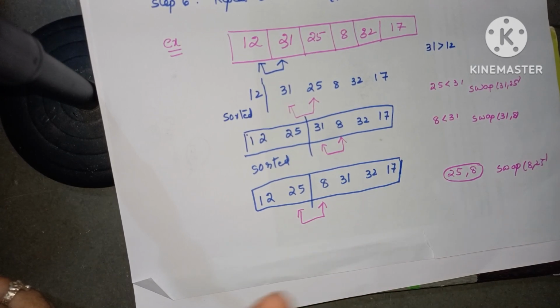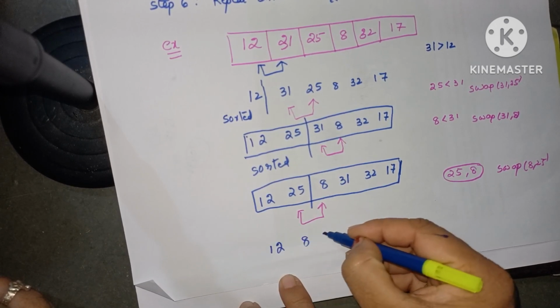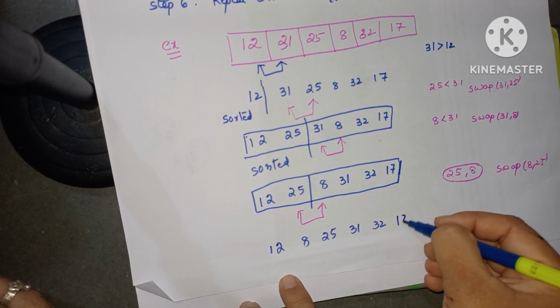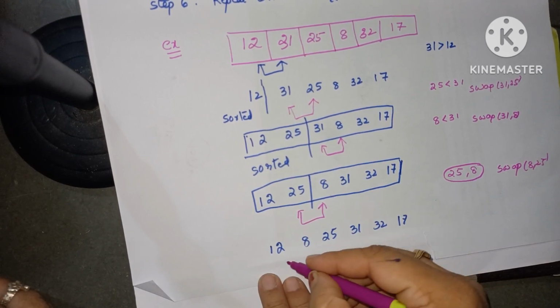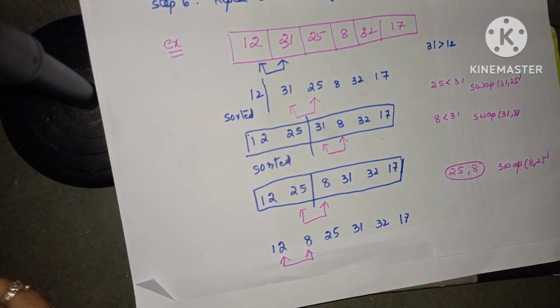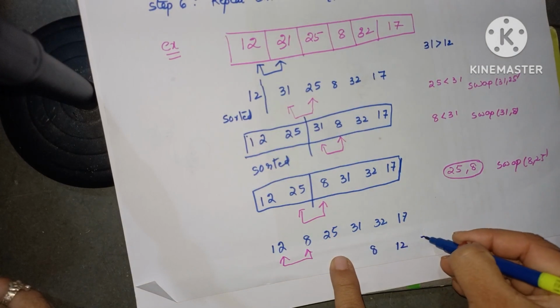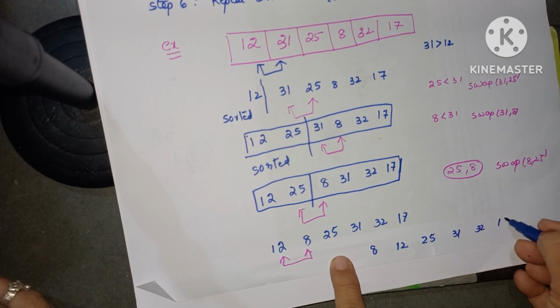If you are swapping, the elements are again 12, 8, 25, 31, 32 and then 17. Again we go for this one also. Again we compare these two elements, because they are also not in the correct position.